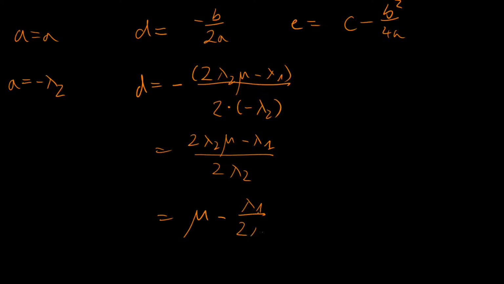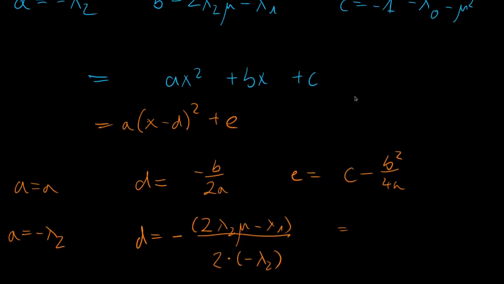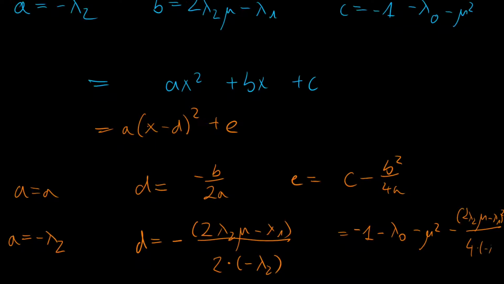Then let's also solve for the e, and for the e, let's plug in what we have for c, which is -1 minus lambda 0 minus mu squared. And then for the b, we have a minus, and b is in brackets 2 lambda 2 mu minus lambda 1, squared over 4 times minus lambda 2.